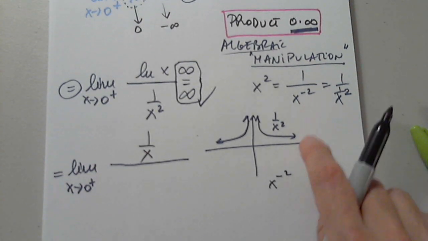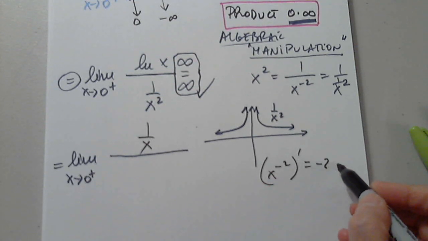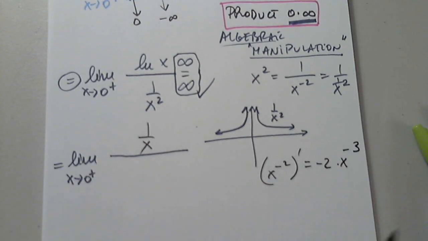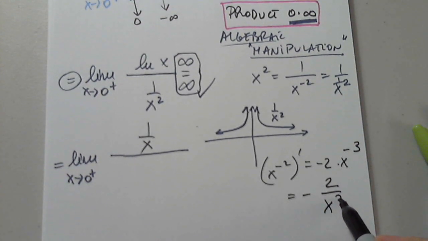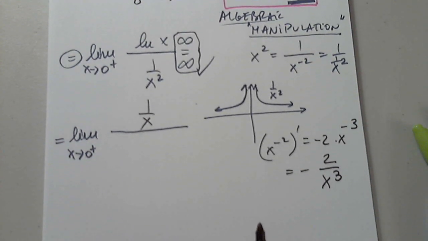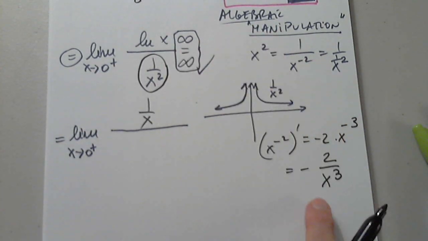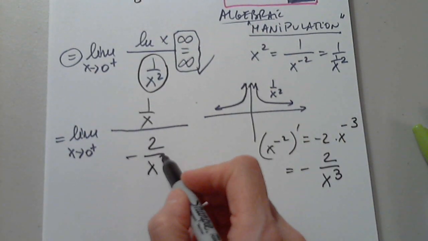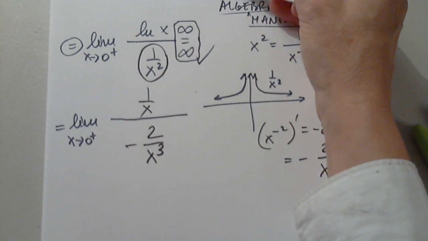When I differentiate x to negative 2, I have negative 2 times x to negative 3, or negative 2 over x to the third. So when I differentiate this, I get negative 2 over x to the third, which is perfect.